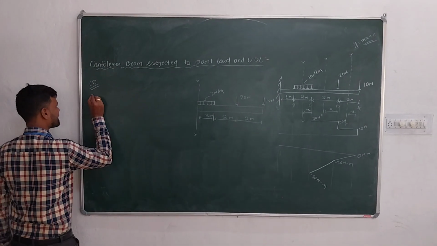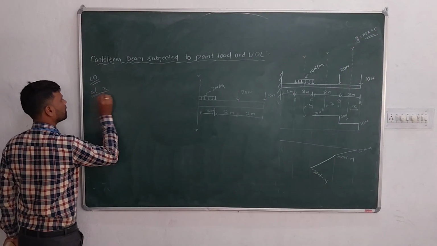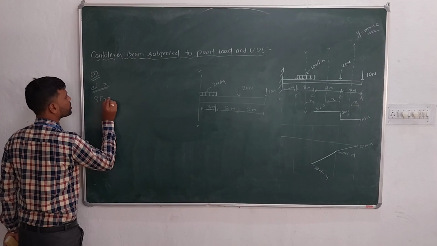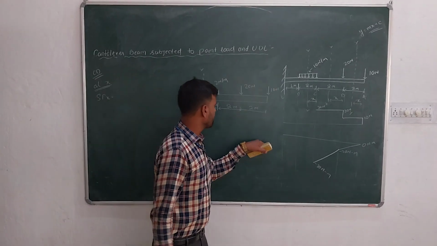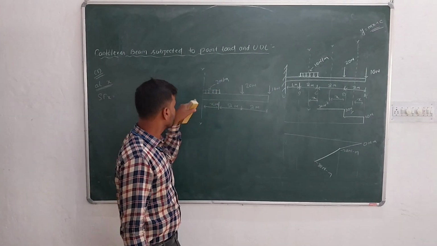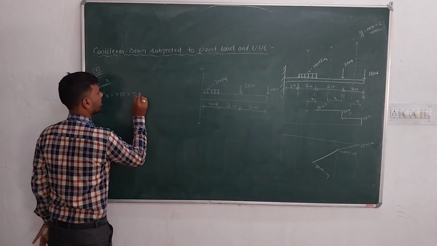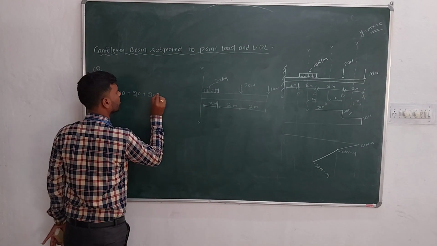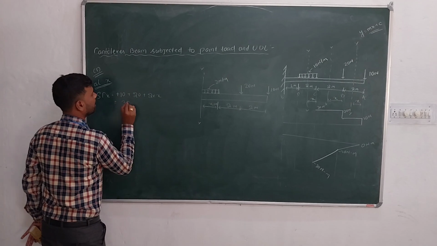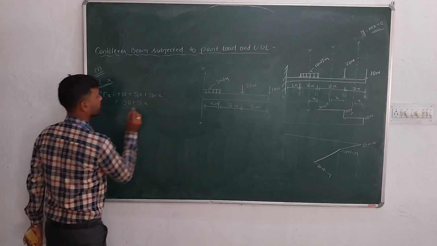Now at x, SF at x will be how much? Plus 10 plus 20 plus 2 into x, that is 30 plus 2x.